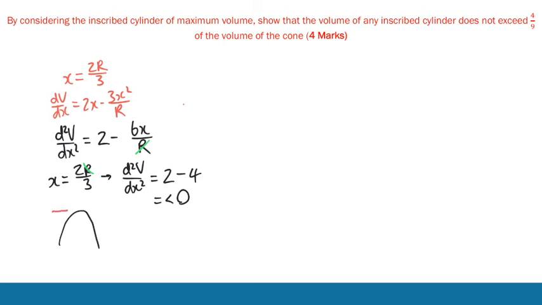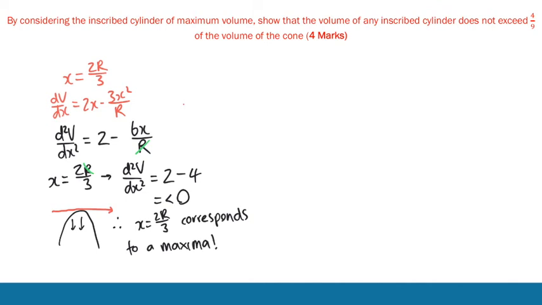So if we have a stationary point where the gradient is 0, as I've indicated there, and the concavity is down, that means that we must have a maximum. So therefore, x equals 2r on 3 corresponds to a maximum point in volume, or to a maxima.